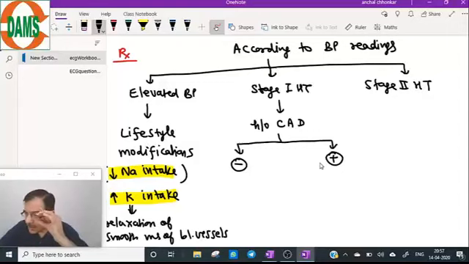Alcohol in moderate amount, yes, alcohol in moderate quantity will cause the vasodilatation effect. So that can also be a lifestyle modification.